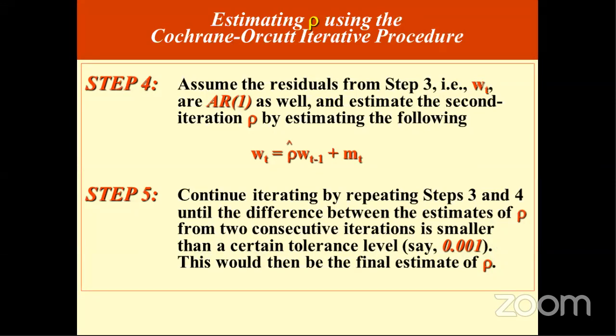They are called diagnostic tests or detection measures. And last but not least, if there is autocorrelation in our regression model, we must remediate it. The last part of our discussion is related to correction or remedial measures. This is about the problem of autocorrelation.